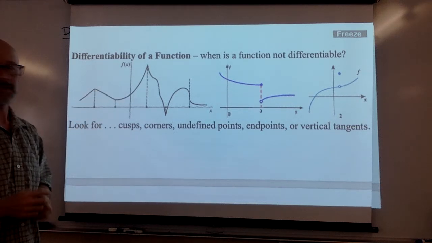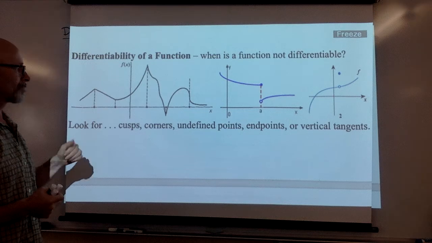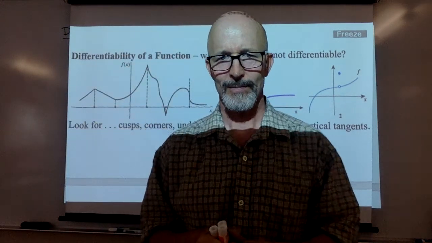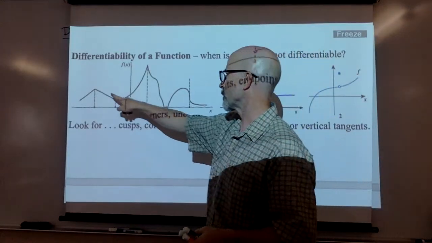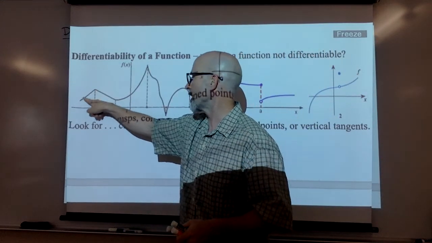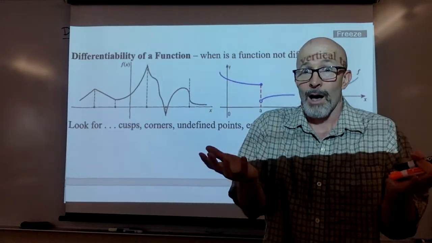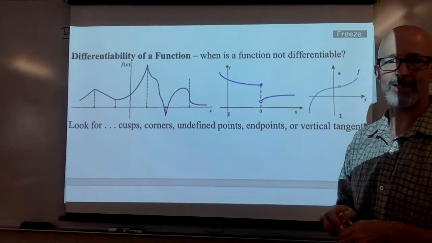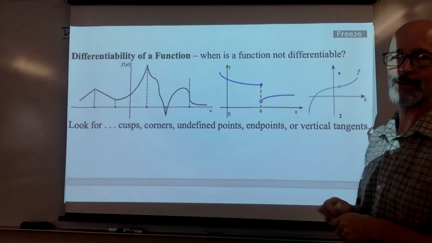And if they're different, it's not going to work. But anyhow, I like to say no derivatives at the pointy bits. Other pointy bits are known as corners. That's where you have a nice linear graph and another linear graph forming a corner. So corners and cusps, the pointy bits, do not have a derivative.